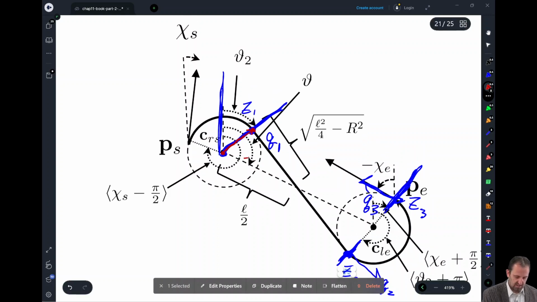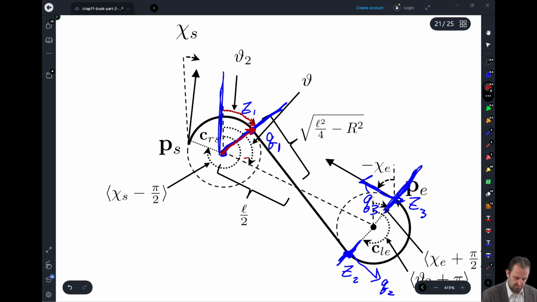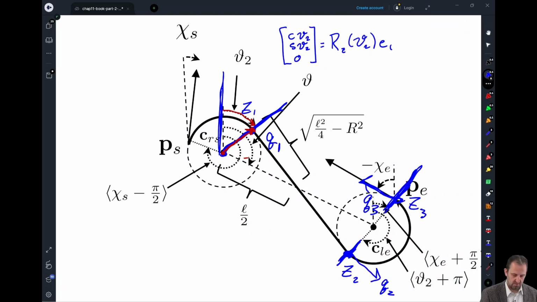Arg theta 2 defines the angle to the point where we switch, and we can take a unit vector in the direction of that angle. That would be cosine arg theta 2, sine arg theta 2, and 0, which is just equal to, again, RZ of arg theta 2 times E1. So that's what we're going to do.